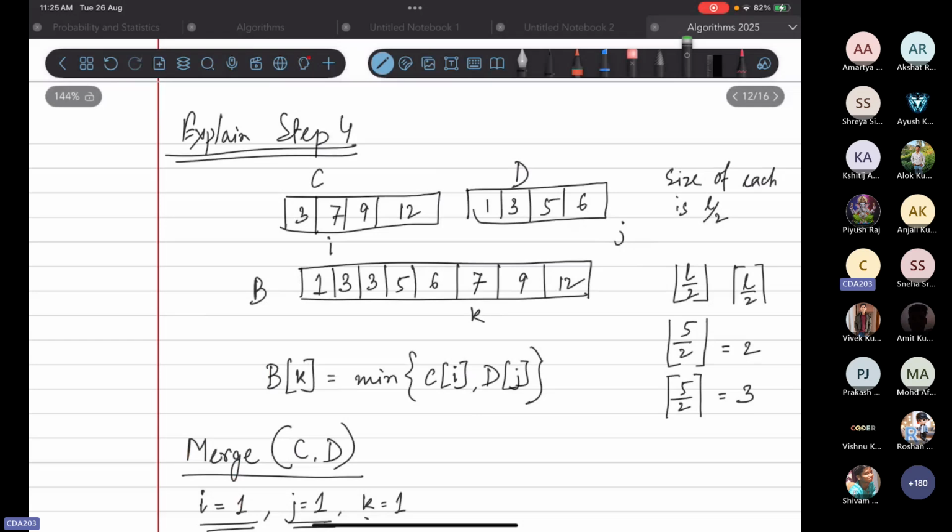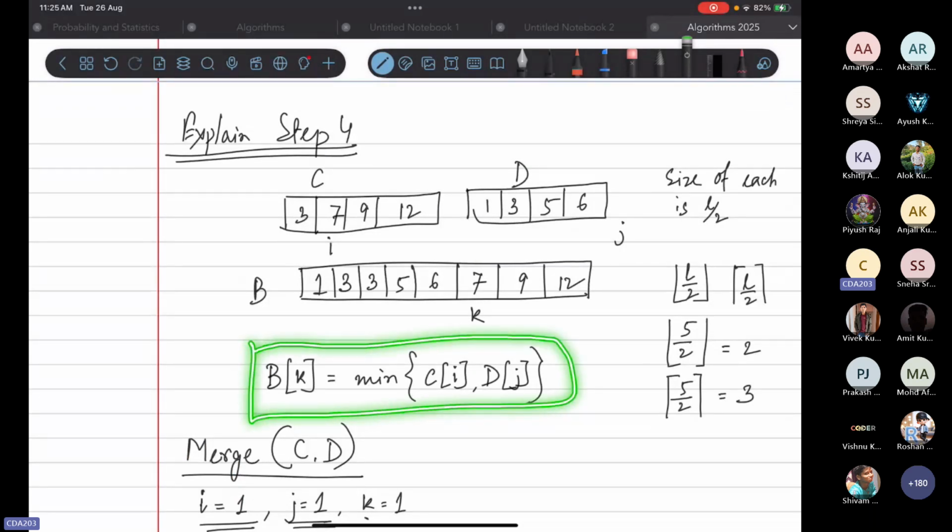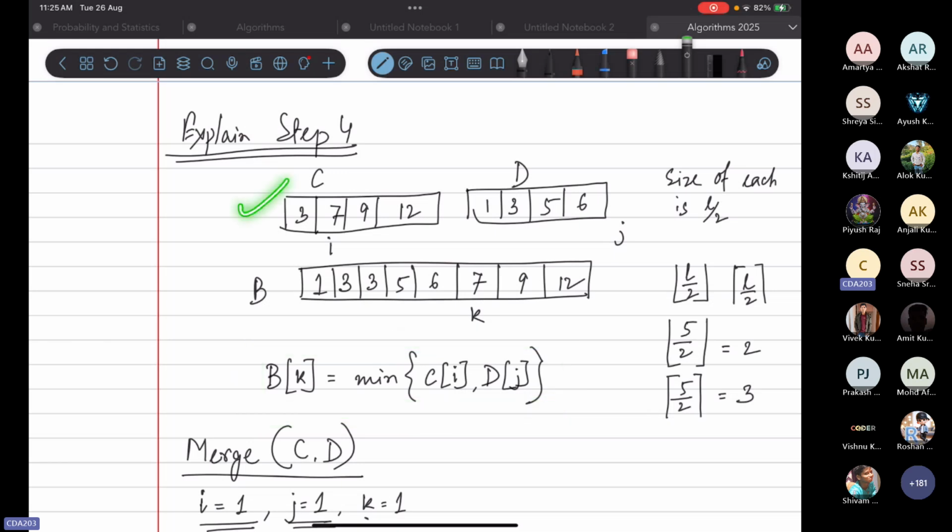This justification is fairly simple from this step itself and the thing that you have pointed out. Both C and D are sorted. So the element Bk at any point, for any k, has to be the minimum of Ci and Dj.